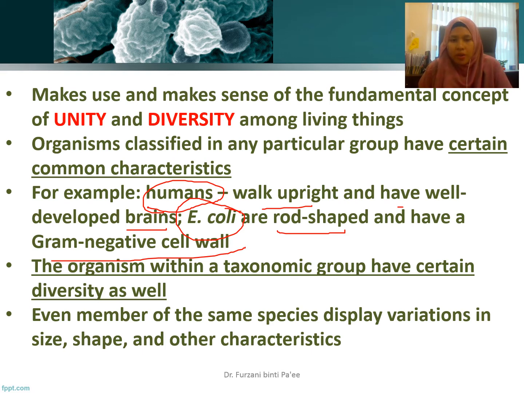However, when we classify them for common characteristics or the same morphology, because characteristics are very diverse among organisms, although we have grouped them in one group, they must have differences among them as well.